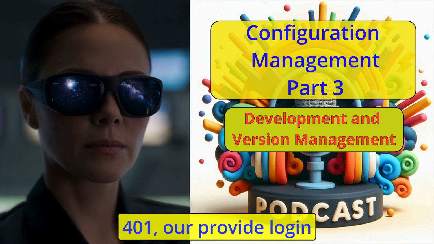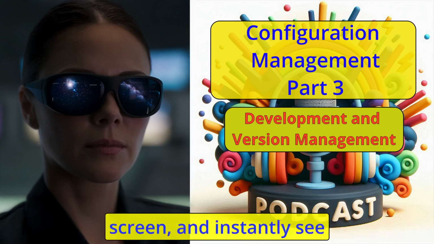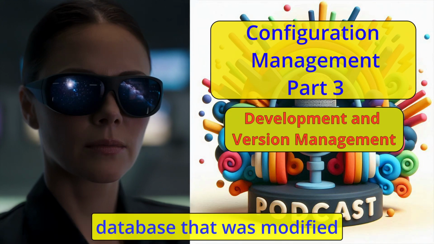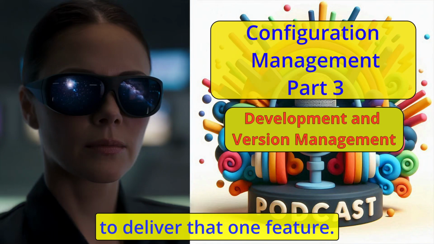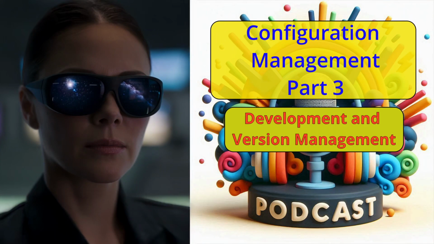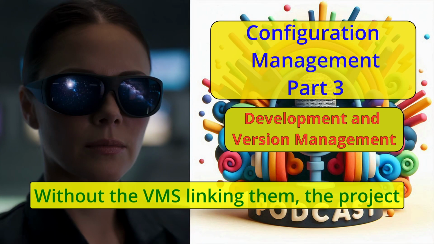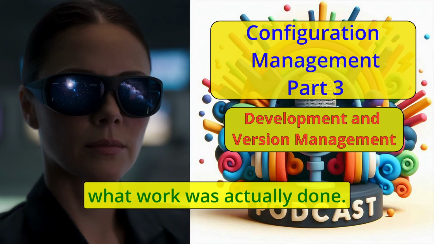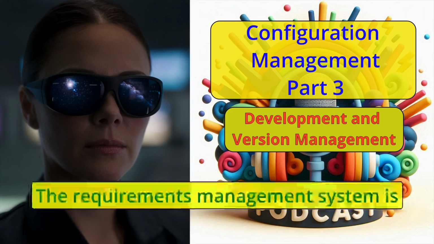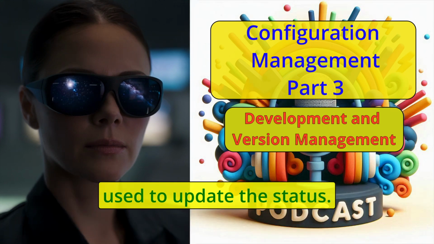So they can look up requirement #401, provide login screen, and instantly see every single file, front-end, back-end, database, that was modified to deliver that one feature. Yep, which is critical because a single requirement often touches a dozen or more files. Without the VMS linking them, the project manager would have no idea what work was actually done. So once the code is committed, stored, tested, and linked back to the RMS, the requirements management system is used to update the status.